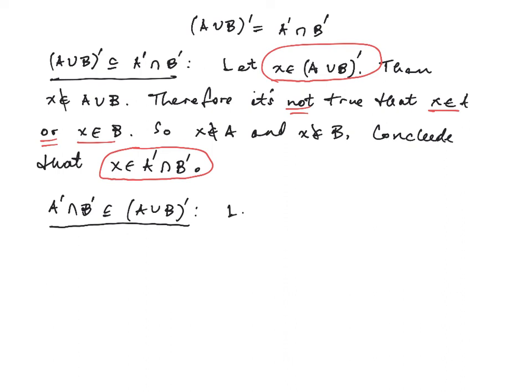So we're going to let X be in the first set. So we let X be in A complement intersect B complement. Then we unravel what that means.